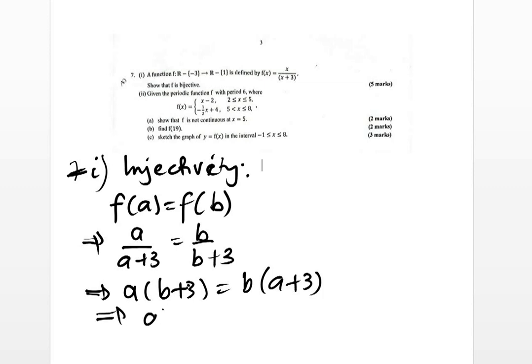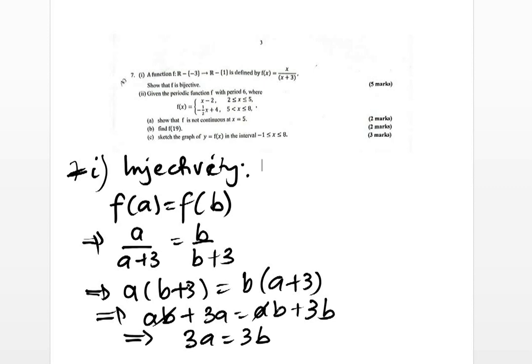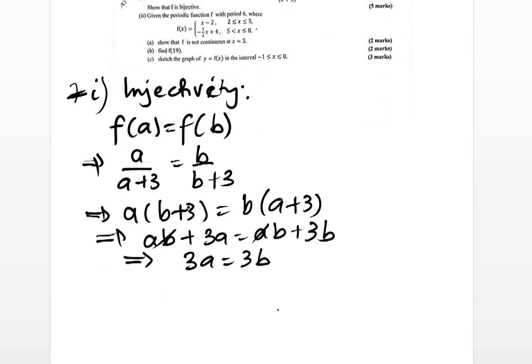This gives AB plus 3A equals AB plus 3B. AB minus AB gives 0, leaving 3A equals 3B. This implies A equals B. Hence, the function is injective.